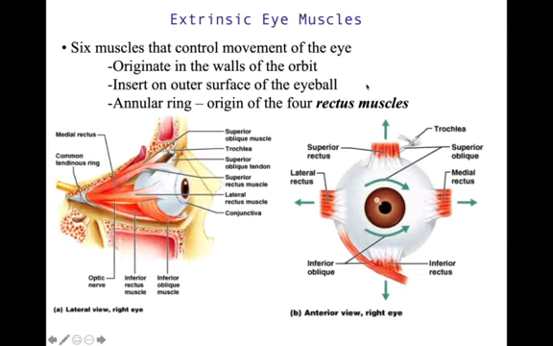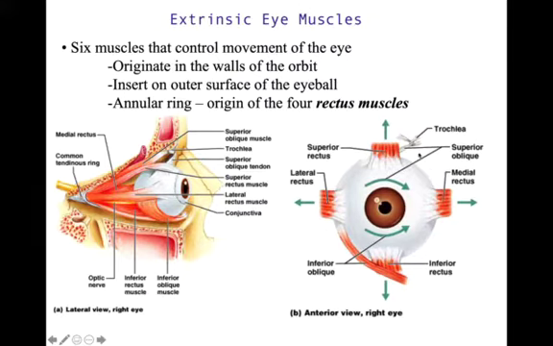All right, the next structure you're gonna have to know are some extrinsic eye muscles. All right, so here's that eyeball, and we see coming off of that are these 6 extrinsic eye muscles right here. Okay, and the function for them is a couple. Number 1 is for movement. These are the ones that allow voluntary movement of the eyes.